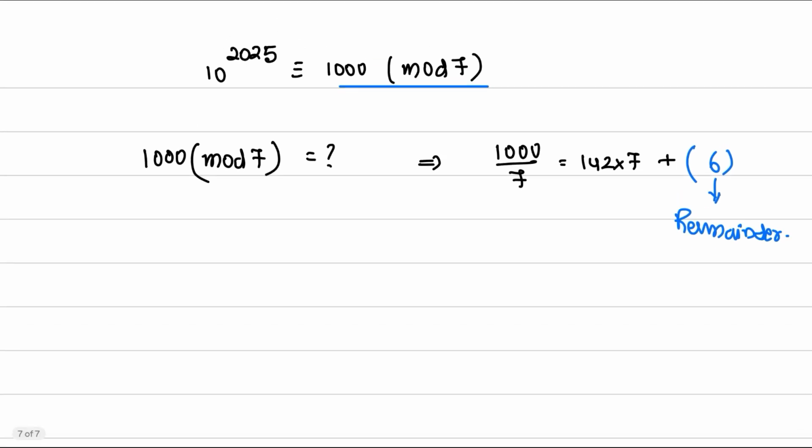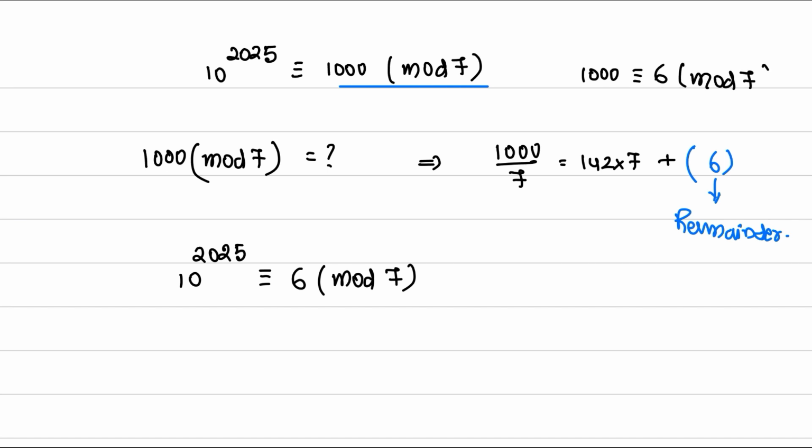That means we can write 10 to the power of 2025 is equivalent to remainder 6 mod 7. Instead of 1000 I am writing 6 mod 7, because 1000 is equivalent to 6 mod 7.